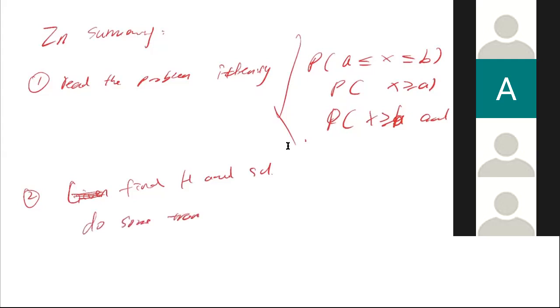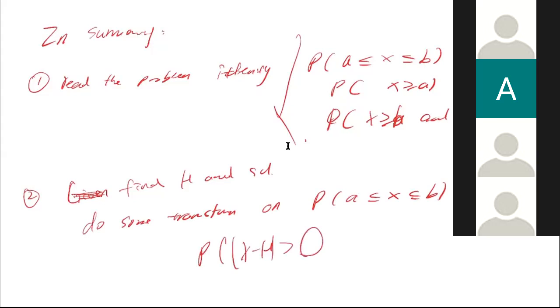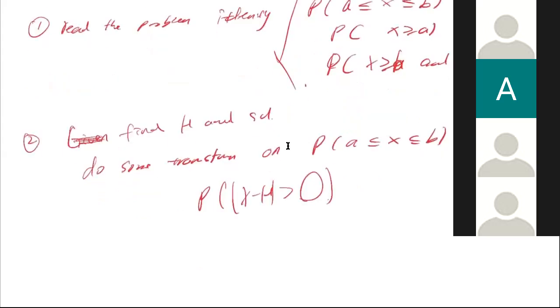And we want to do some transformation on, for example, the probability of A less than X less than B, to make it in the form of the probability of X minus mu that is greater than a number, whatever number it is.